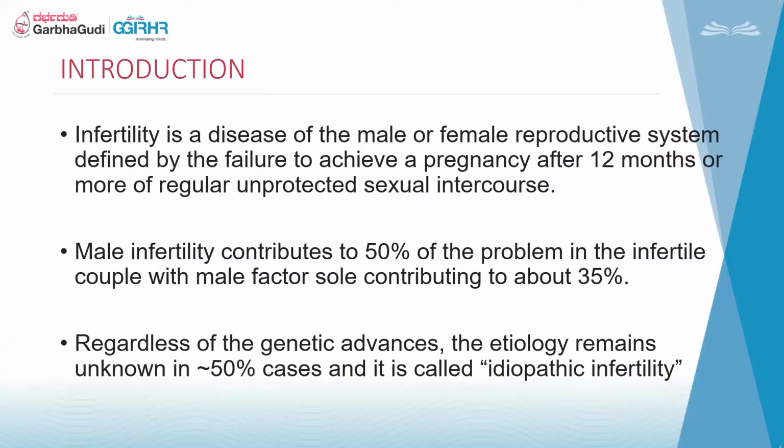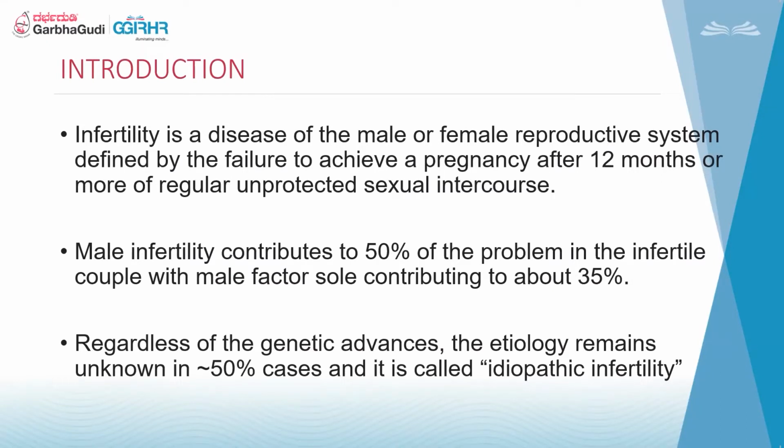Male infertility contributes to 50% of the problem in infertile couples, with the male factor solely contributing to about 30 to 35%. Regardless of the genetic advances, the etiology remains unknown in 50% of the cases, and it is known as idiopathic infertility.